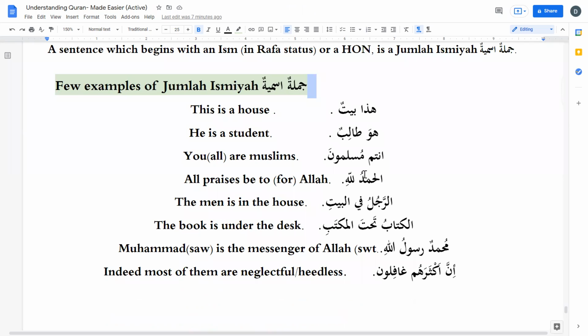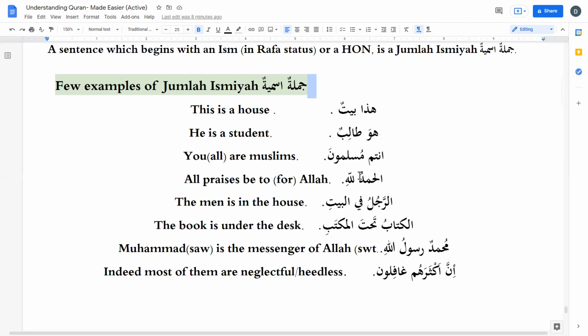Over here, alhamdulillah, this is the type of jumla where khabar is not there. Lillahi is muta'alliq bil khabar. You'll see inshallah, whenever we see a jar majroor fragment, like li is harf jar and Allahi ism jalala is ism majroor.